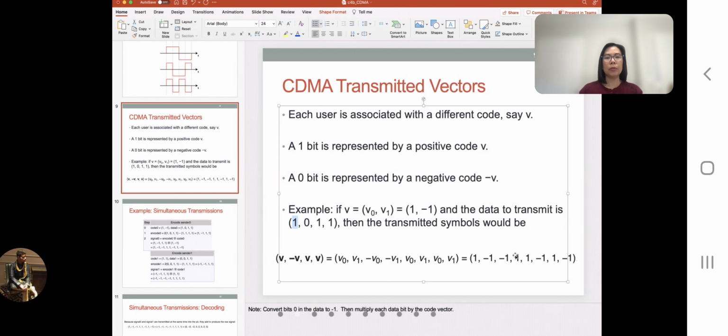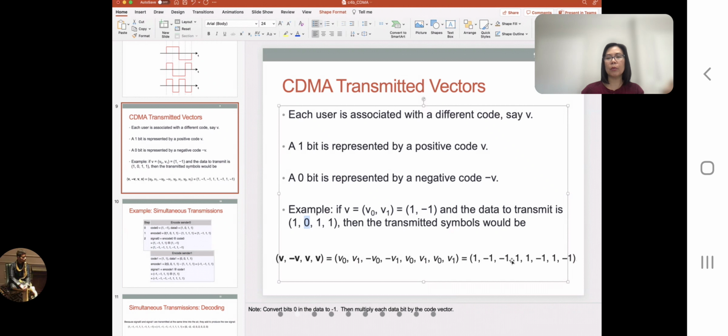So the algorithm is: given a sequence of bits, the original message, which is a sequence of binary digits, we keep the 1 bits as they are, and we convert the 0 bits to -1. Then for each of these bits, we multiply it with the code. We multiply 1 with the code, or we multiply -1 with the code.